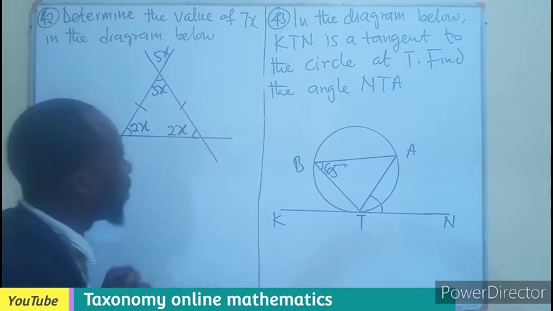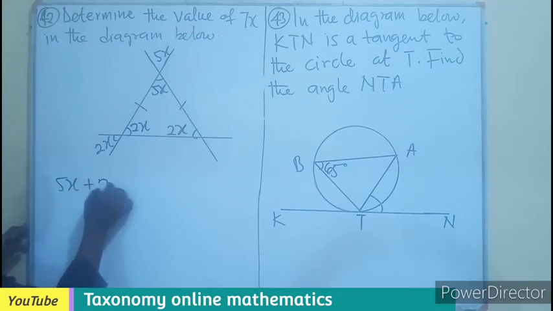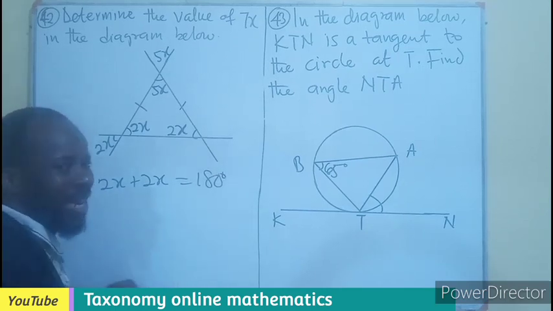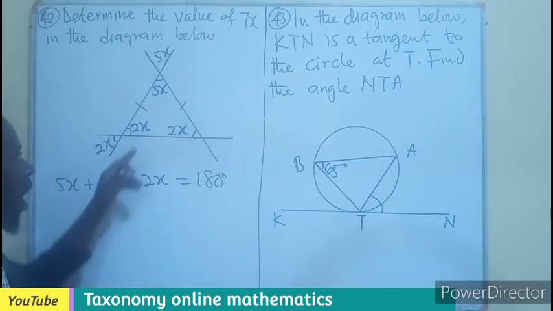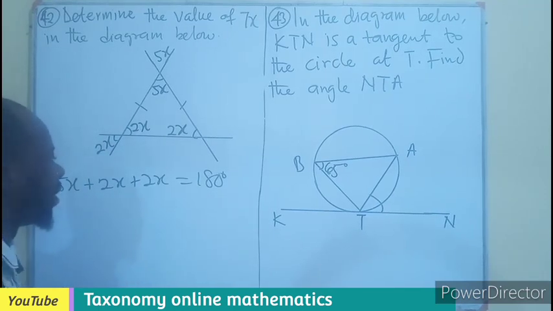So now another property of a triangle says that if I add 5x plus 2x plus 2x, I should get what? 180. The sum of the interior angles of a triangle give us 180 degrees.